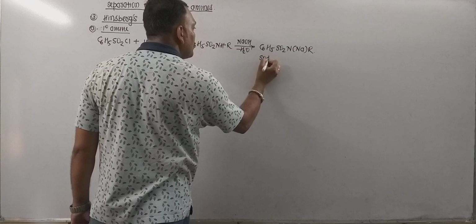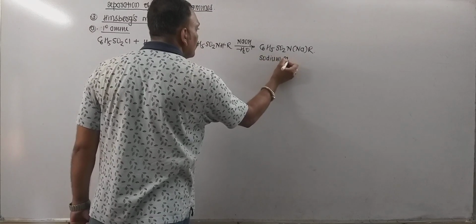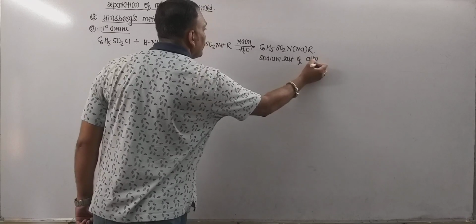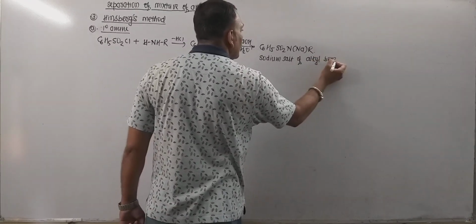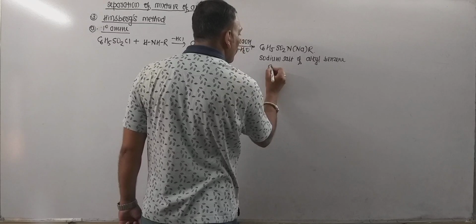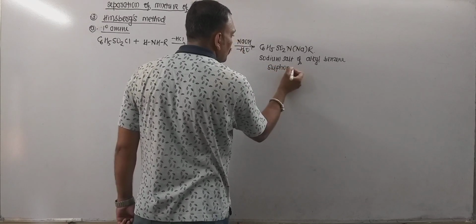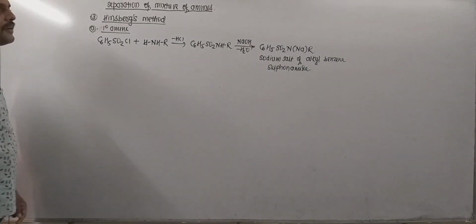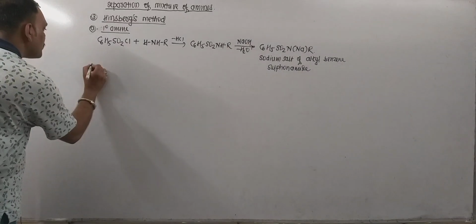This is the sodium salt of alkyl benzene sulfonamide. So this is the response of primary amine when it comes in contact with Hinsberg's reagent.